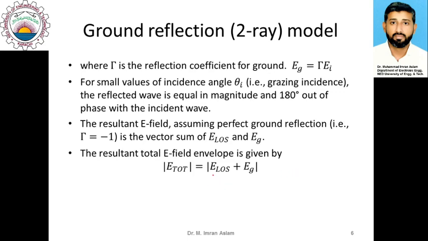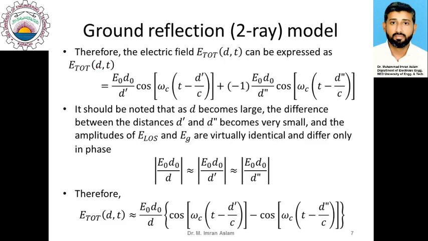If you substitute in this expression and get the sum, the total field in scalar form would be E naught d naught upon d prime, which is this entire component, the LOS component. This minus 1 is represented by gamma, and this entire thing is the EG field, which is represented in the previous slide.